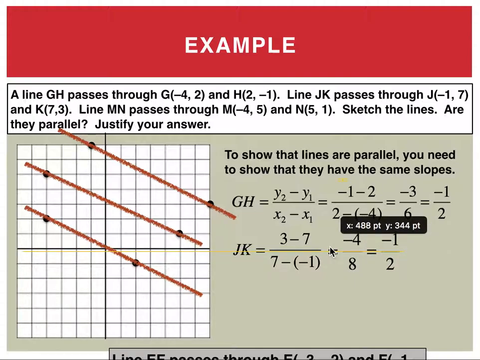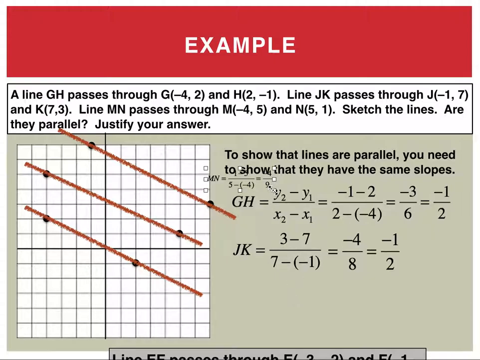Since they're exactly the same, -1 over 2, that means they're parallel. So I'm going to do the exact same process with the last one, MN. Y2 would be 1, y1 would be 5. So I do 1 minus 5, then 5 minus negative 4, and I get negative 4 over 9 if I do that out.